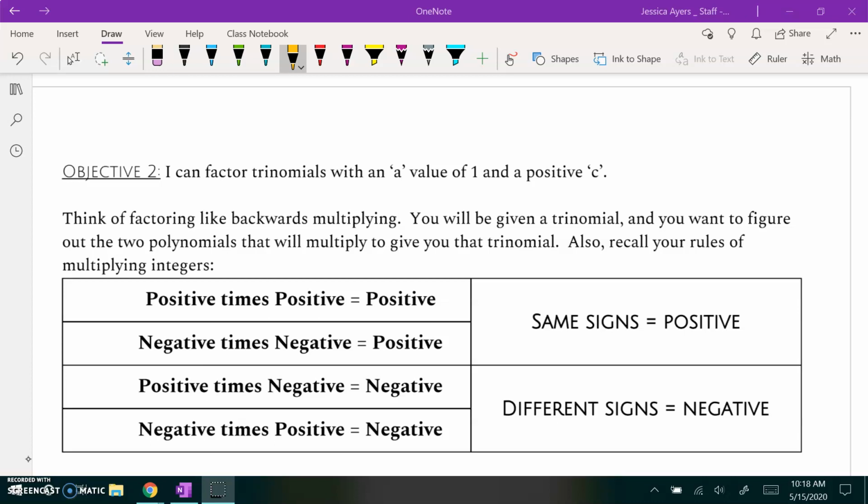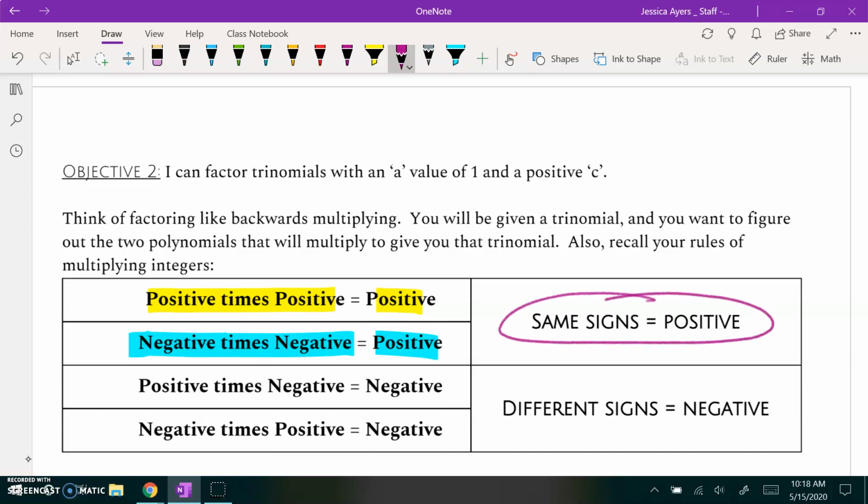So first thing we want to think about is the rules of multiplying integers. So remember that when you do a positive times a positive, you get a positive number. And if you do a negative times a negative, then you also get a positive number. So anytime you're multiplying with the same signs, you end up with a positive number. Whenever you're multiplying a positive times a negative, you end up with a negative.